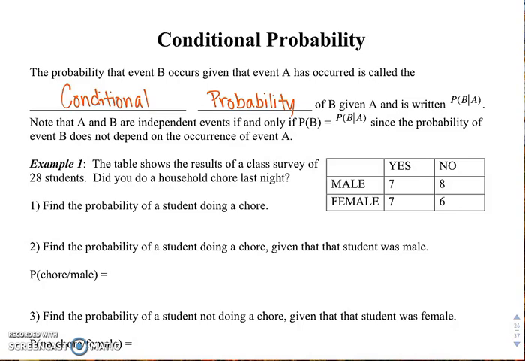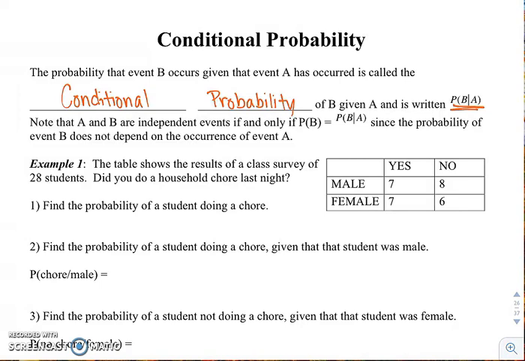Conditional probability is still finding the probability of a single event, but it's conditional upon a previous event. So the probability that event B occurs given that event A has occurred, that's called conditional probability. The probability of event B given A is written as probability of B given A with a line through it.